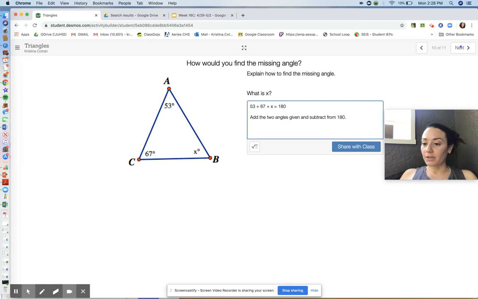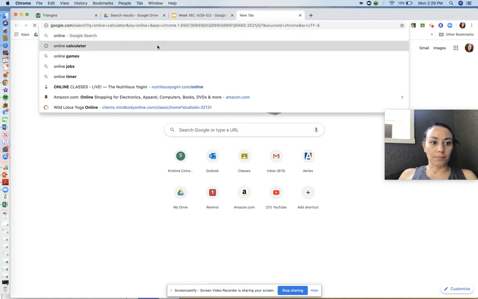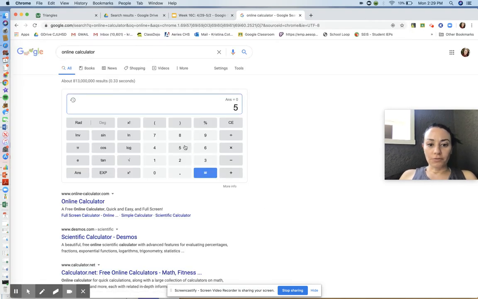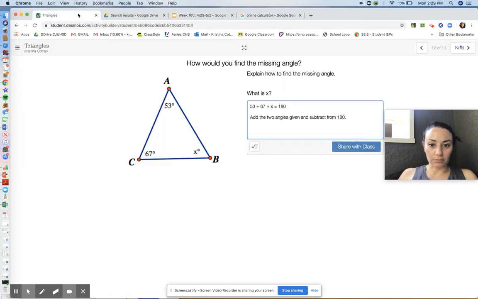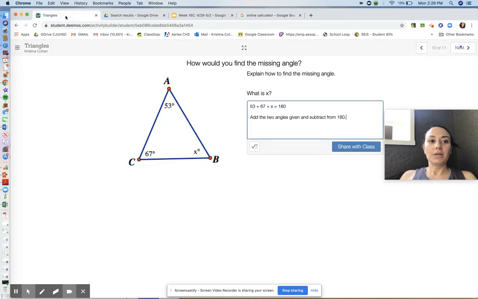All you need is a calculator. So I just need to remember 53 and 67, right? Okay, I'm going to use my online calculator here. 53 plus 67. That's 120. Okay, that's pretty easy. So if that is 120, I'm saying 120 plus something equals 180.